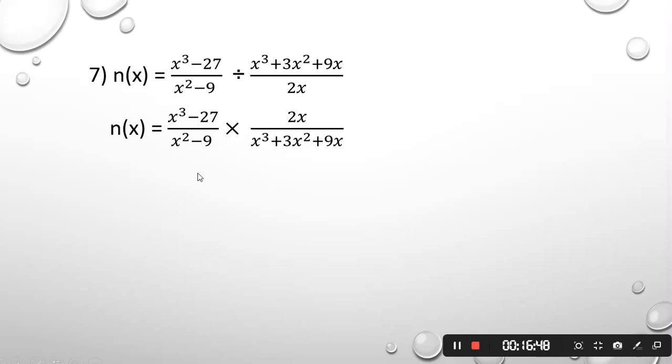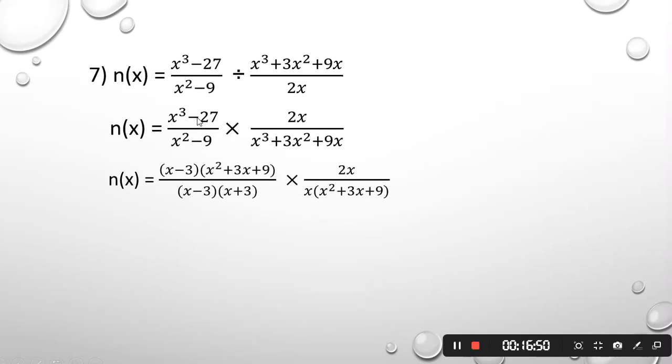This is a difference between two squares. Factorize to this form: (x minus 3)(x squared plus 3x plus 9) over (x minus 3)(x plus 3) times 2x over x(x squared plus 3x plus 9).